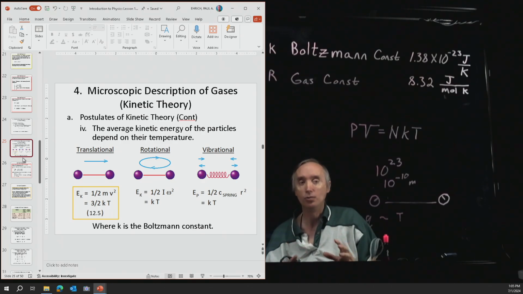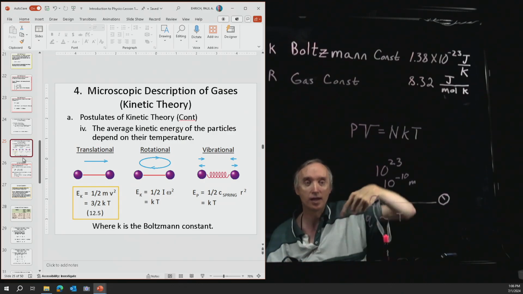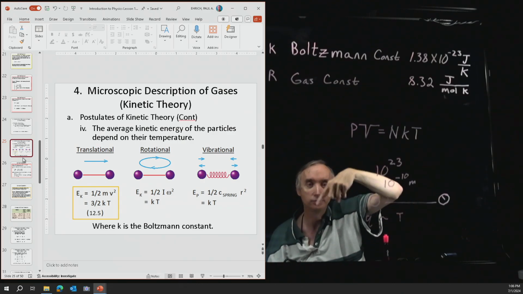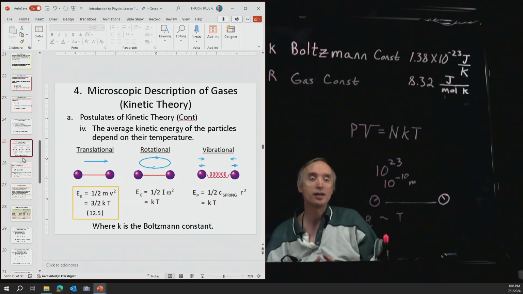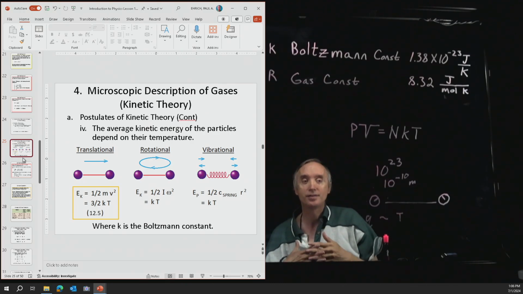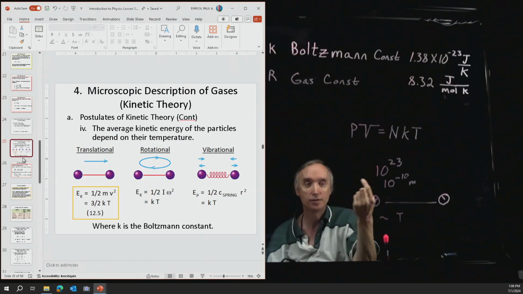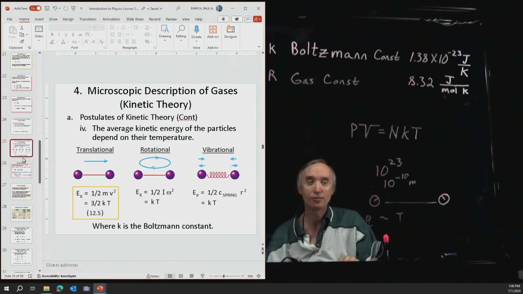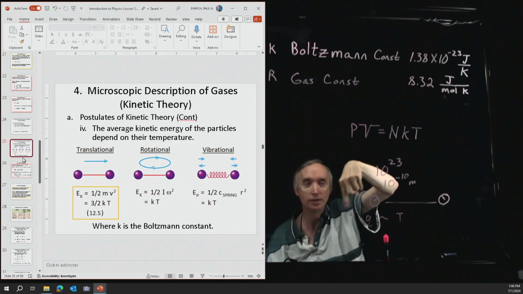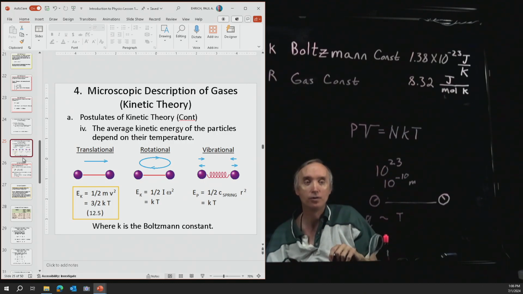But that's not the only thing that some molecules can do. So some molecules can be rotating, like a dumbbell. And in a previous lesson, we talked about the kinetic energy of rotation depending on the moment of inertia, I, and then how fast it's spinning, which is called the rotational speed, omega.